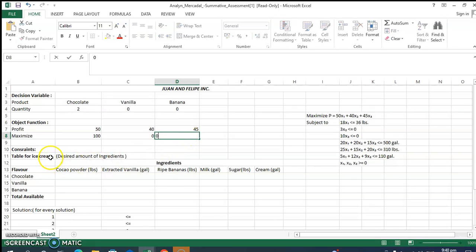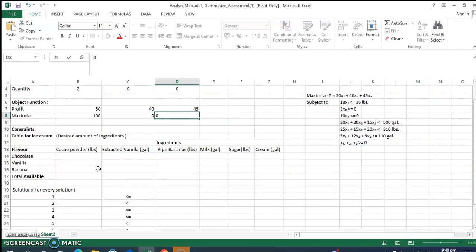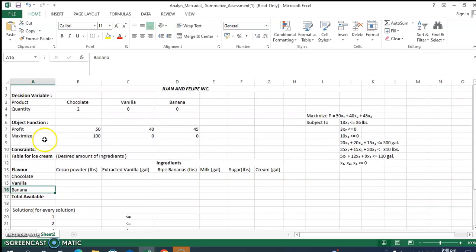So next is for constraint. So table of ice cream, including the desired amount of ingredients. So the flavors are chocolate, vanilla, and banana. Same with the decision variable, because Juan and Felipe Incorporated just provides 3 flavors of ice cream, which are chocolate, vanilla, and banana.